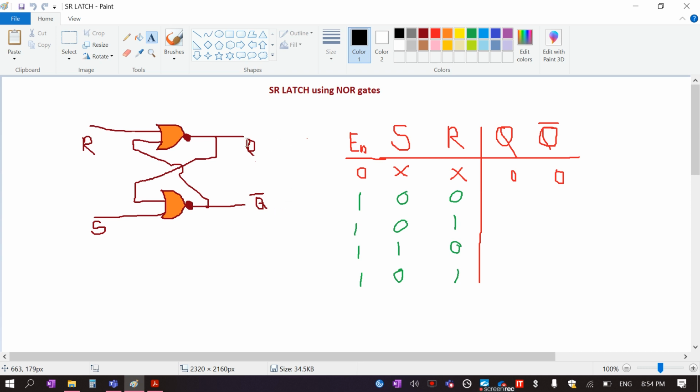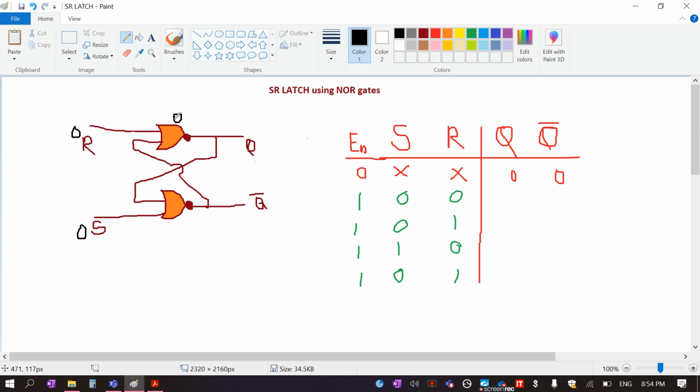Let us assume S is 0 and R is 1, right? Let me give here S is 0, R is 1, sorry, R is also 0. In this case, both inputs are 0. Let us assume this R is populated over here. I am going to send this R 0 over here.